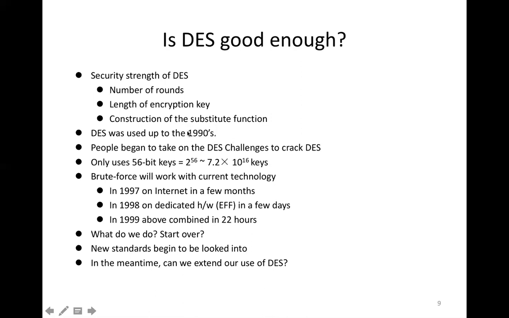Nevertheless, DES was used up to the late 1990s, when problems were identified, and before AES came into place, there were intermediate remedies for making DES stronger by applying several DES together. We're going to mention that in the next video. Then people began to take on the DES challenges.